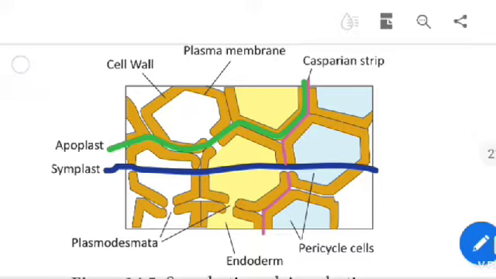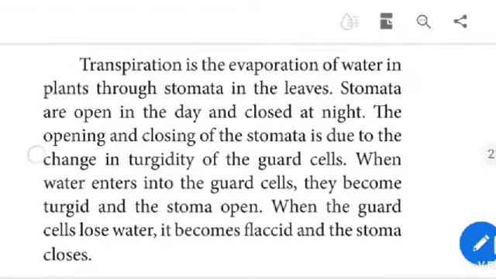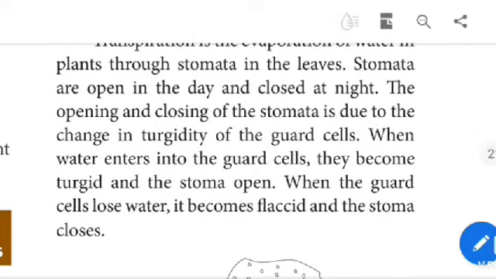Transpiration. Transpiration is the evaporation of water in plants through stomata in the leaves. Stomata are open in the day and closed at night. The opening and closing of the stomata is due to the change in turgidity of the guard cells.